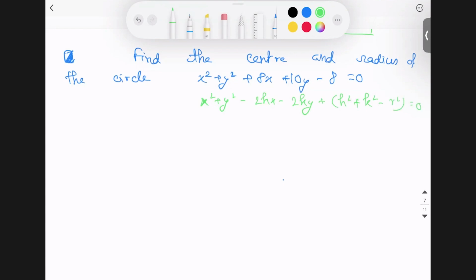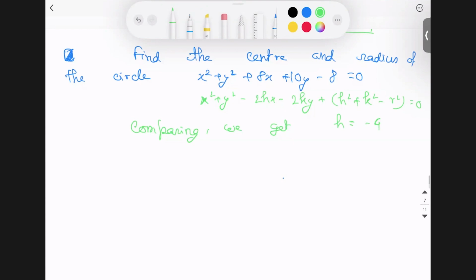Fine. So from here, comparing, we get h equals minus 4, k equals minus 5. Why is this?